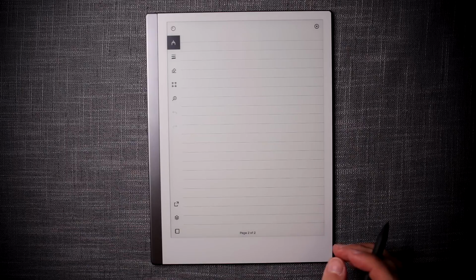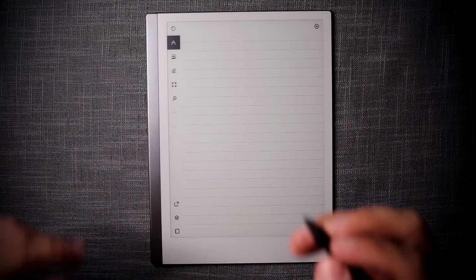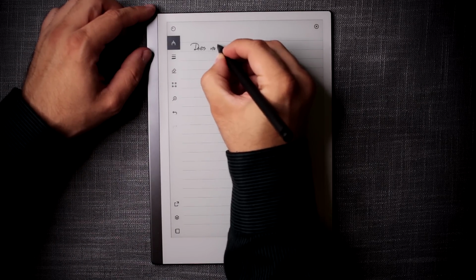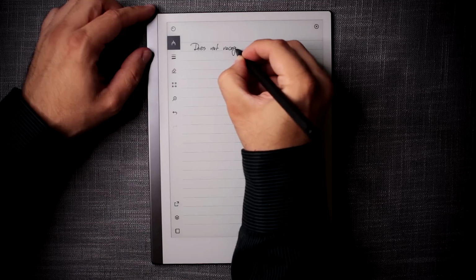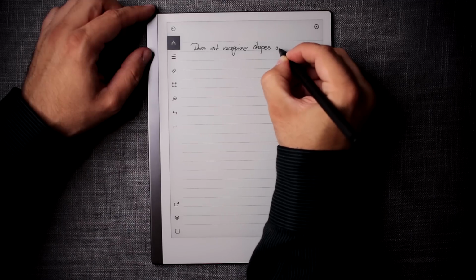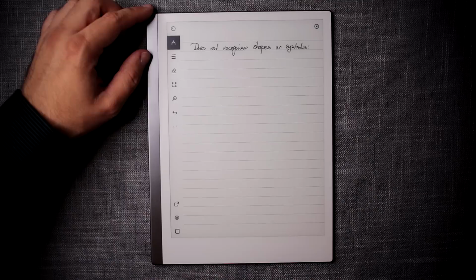Finally, I would also like to cover what is not recognized by the convert to text. So the convert to text does not recognize shapes or symbols, unfortunately.